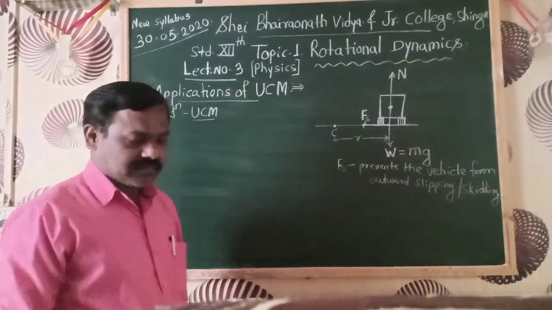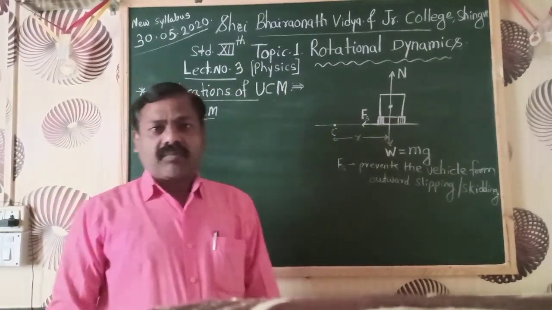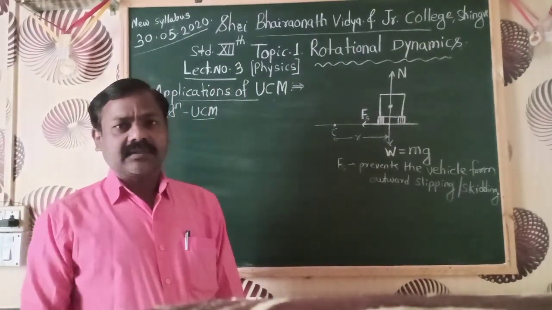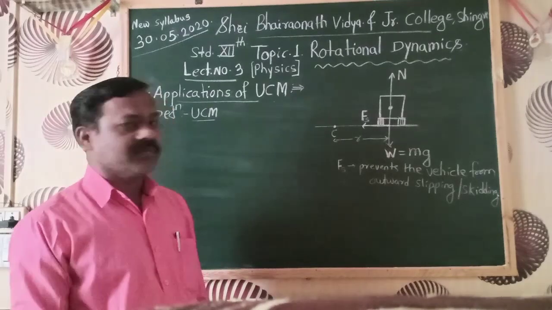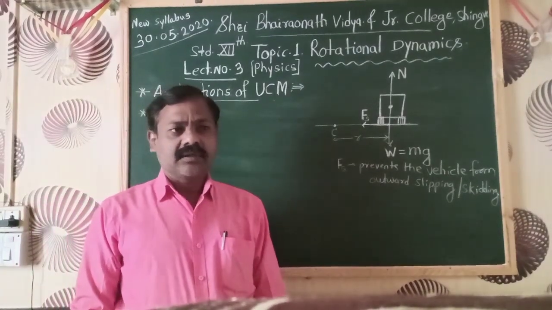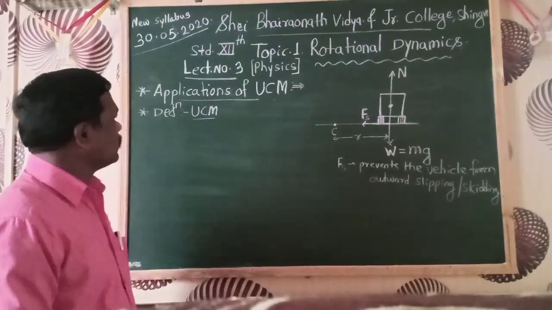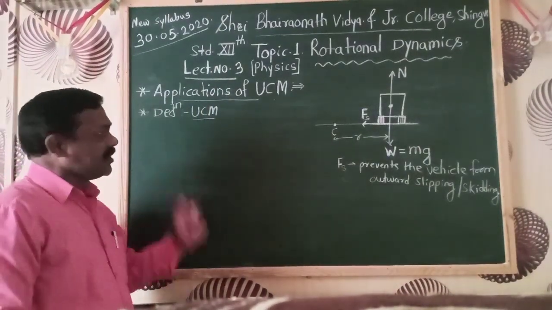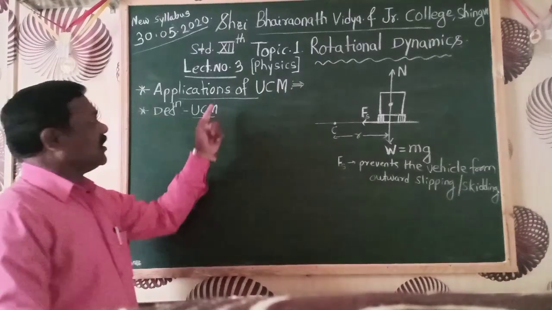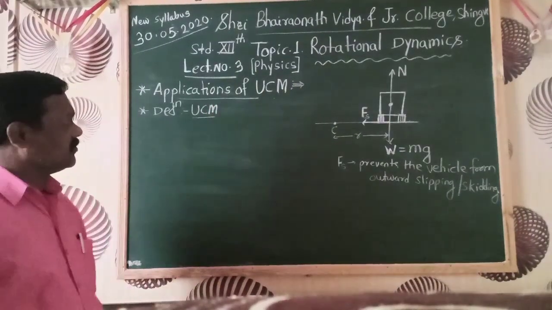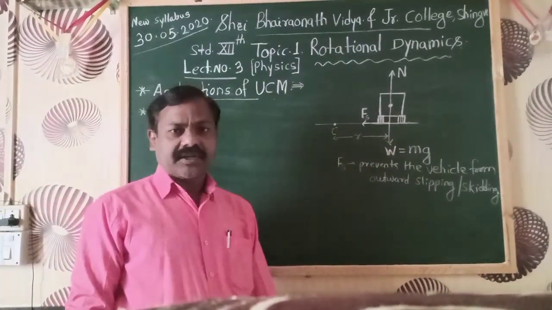During UCM, the direction of linear velocity changes at different points along the circumference of the circle, but the angular speed of the body remains constant. Let us see the applications of UCM. There are mainly two applications.